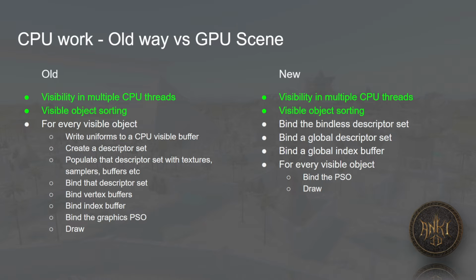We bind another global descriptor set once for all draw calls. Same thing for a global index buffer. And then for every draw, we just maybe bind a PSO and draw. The CPU work that is happening per draw with the GPU scene is less. Setting up resources is done at the beginning of the render pass and for all draw calls, unlike the old way.